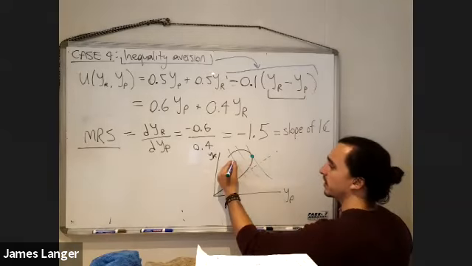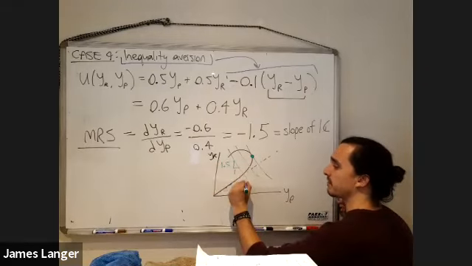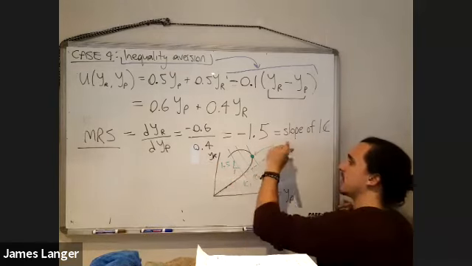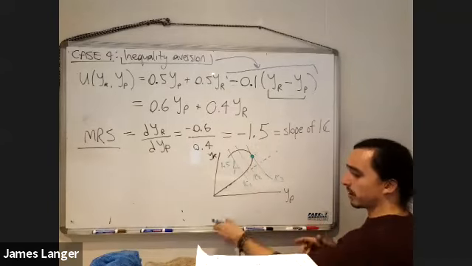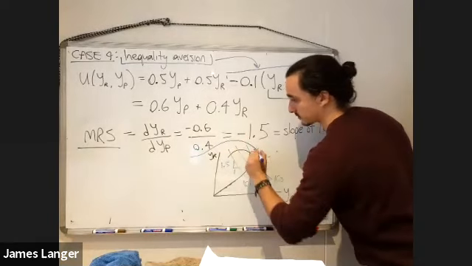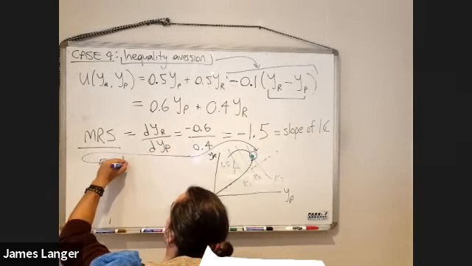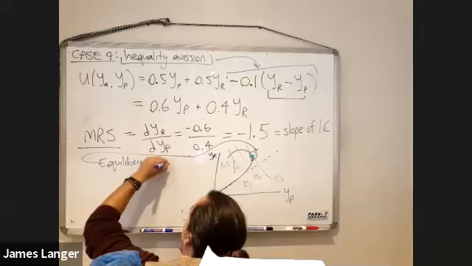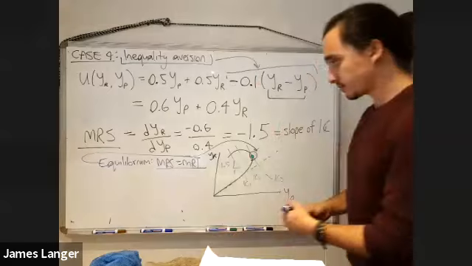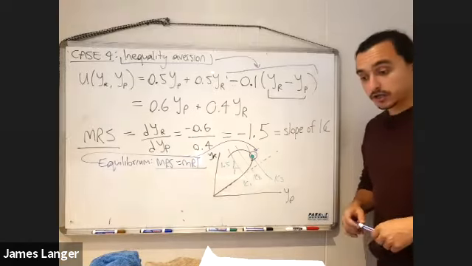So remember, the slope of these indifference curves is minus 1.5. I see 1, I see 2, I see 3. So this is my equilibrium, because it's where the MRS is equal to the MRT. The MRS is equal to the MRT at this point, and we have our equilibrium.